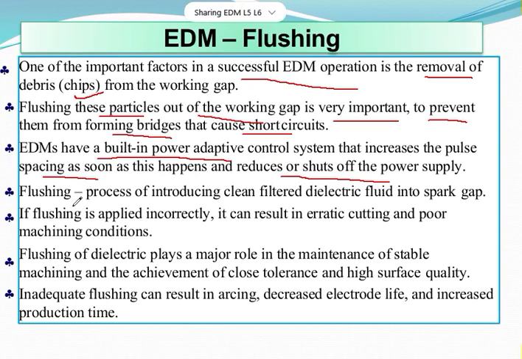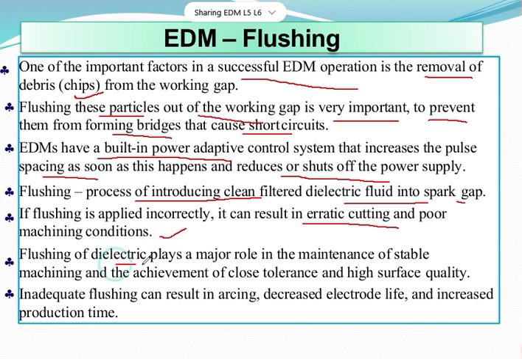Next, flushing is basically the process of introducing clean, filtered dielectric fluid into the spark gap. If flushing is not applied correctly, it can result in erratic cutting and poor machining conditions too.